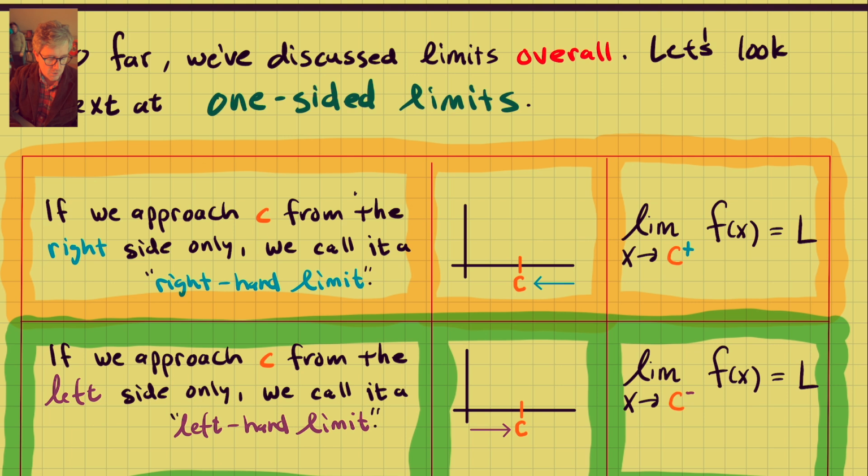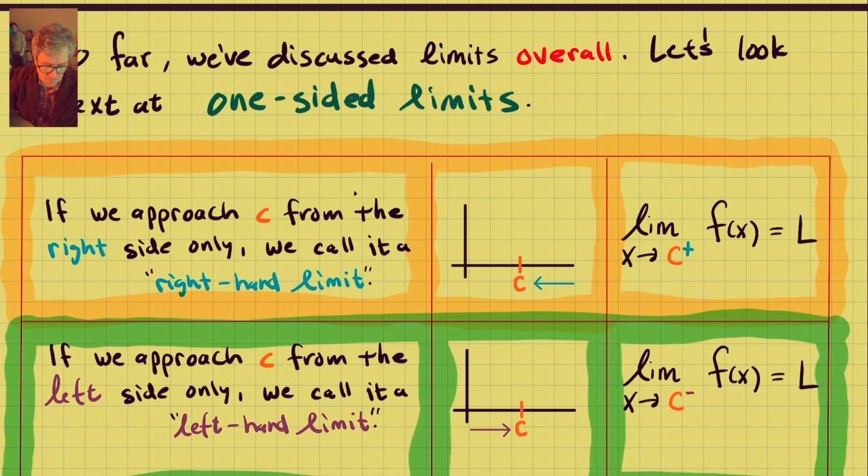If we approach c from the right side only, we call it a right-hand limit. So here's your x and y axis, here's some value c on the x-axis, and when we talk about a limit, we normally mean let's approach the limit from both sides. But in some cases, we just want to approach the limit from one side or the other and not both.